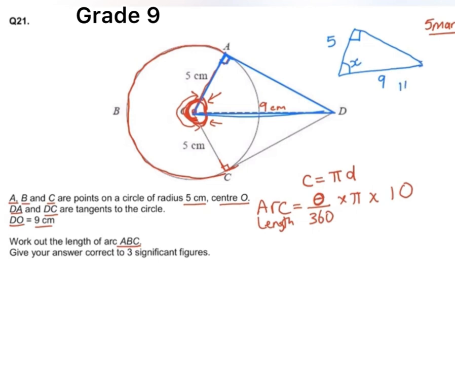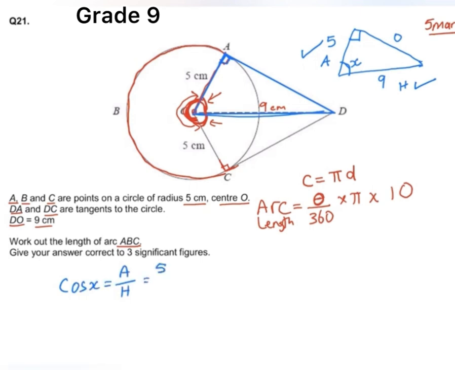I'm going to label my sides: hypotenuse, opposite, and adjacent. So I need a formula that links together hypotenuse and adjacent to find this missing angle, which is cos. Cos of x equals adjacent over hypotenuse.